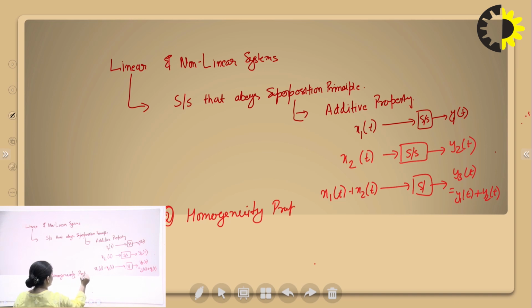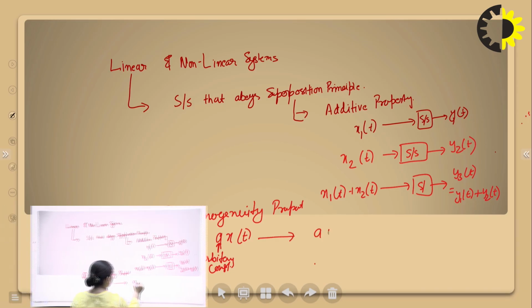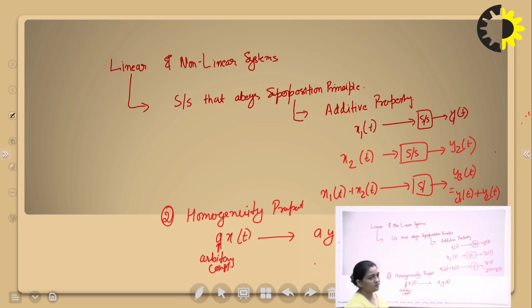The homogeneity property says that if a is any arbitrary constant, it can be a complex number also, and if we multiply it with x of t, we get the same arbitrary constant at the output, giving a times y of t.